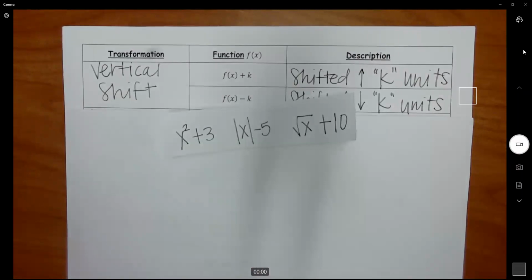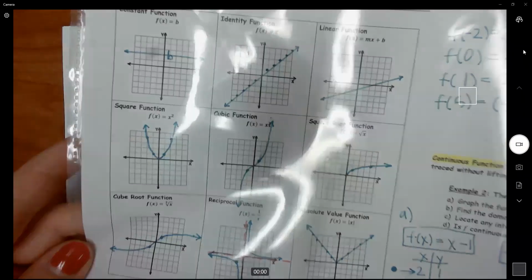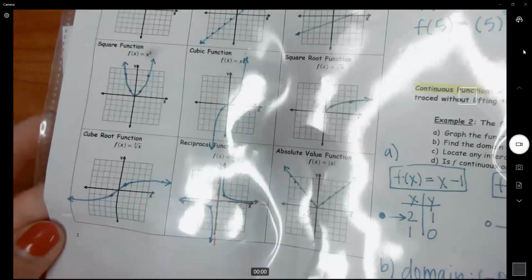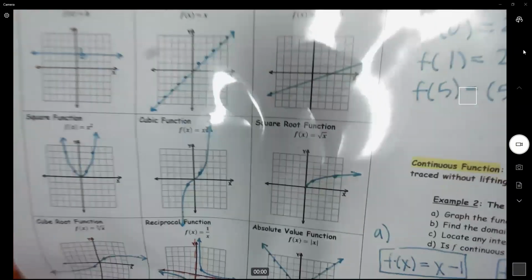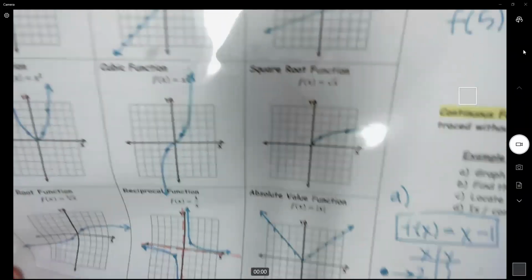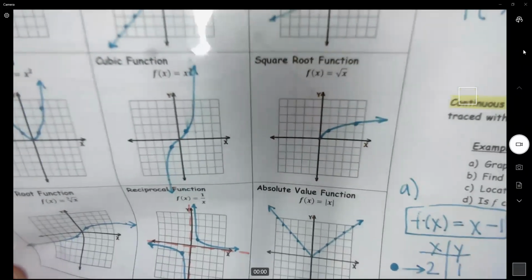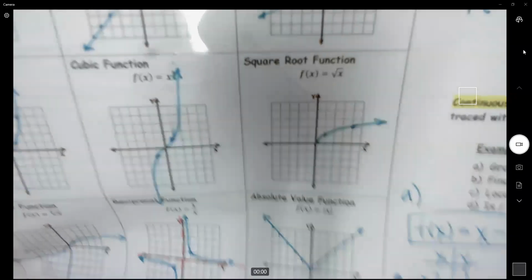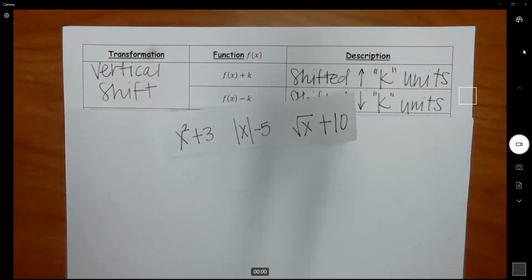If you remember from last lesson, what I'm talking about here are these different types of functions that we have. If you take one of these functions, and these aren't all the functions, and you add a number to the back of this, that's what's going to make it shift up or down.